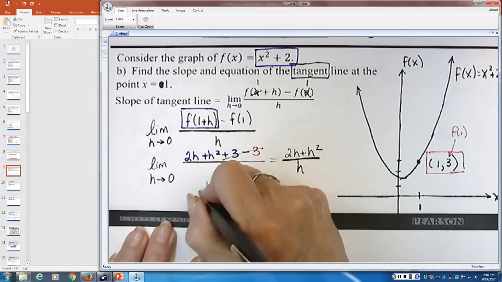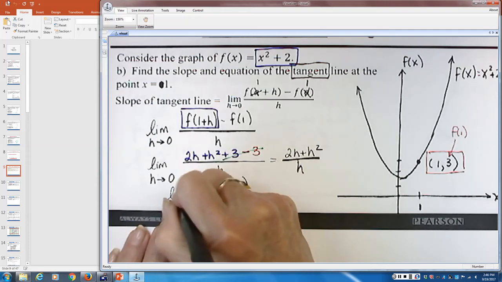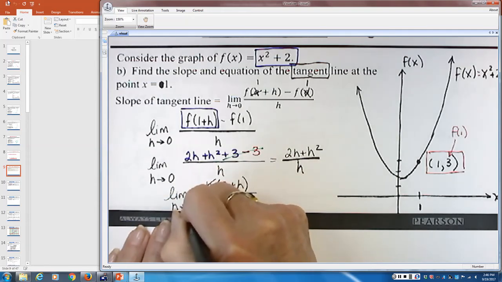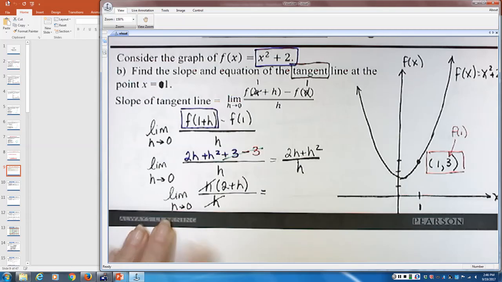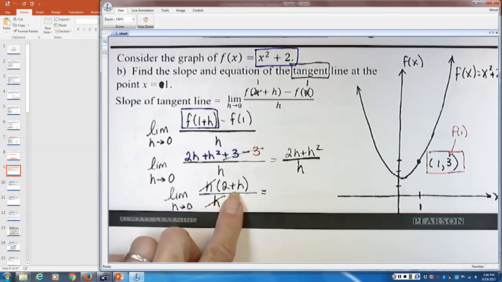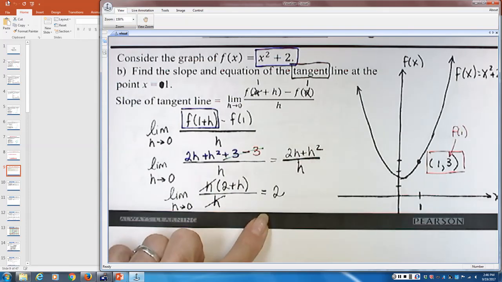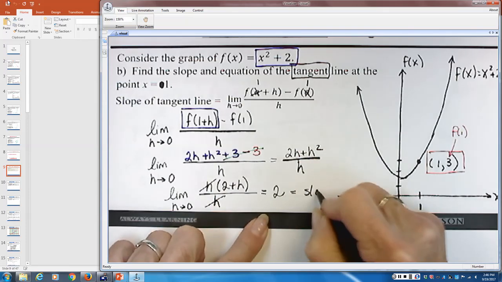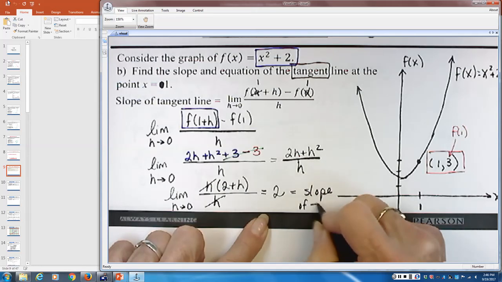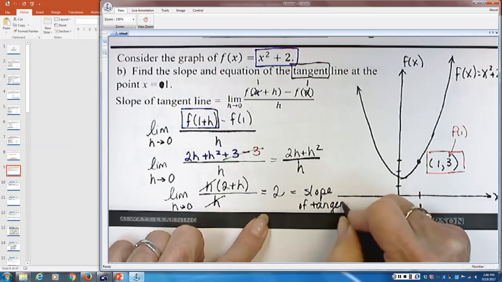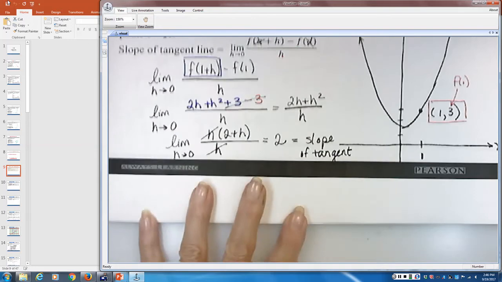They cancel. And as h gets smaller and smaller, what does 2 plus h approach? As h disappears, what does this become? 2. So there's the slope of the tangent.